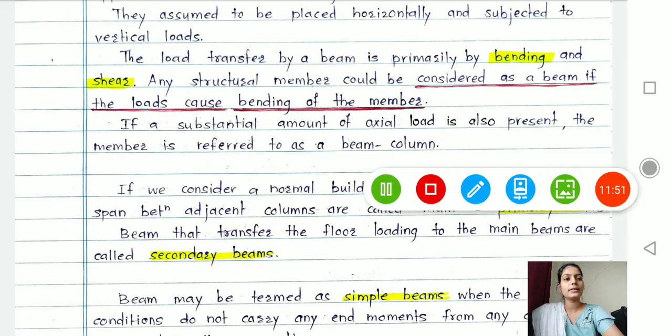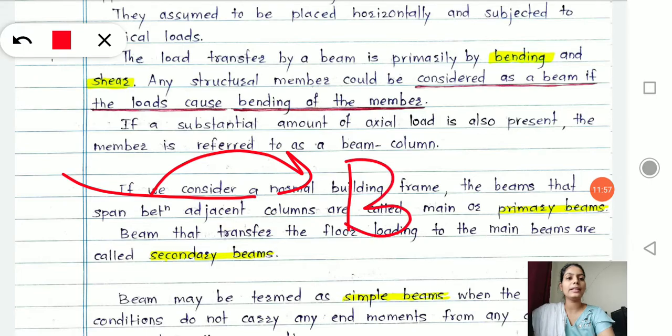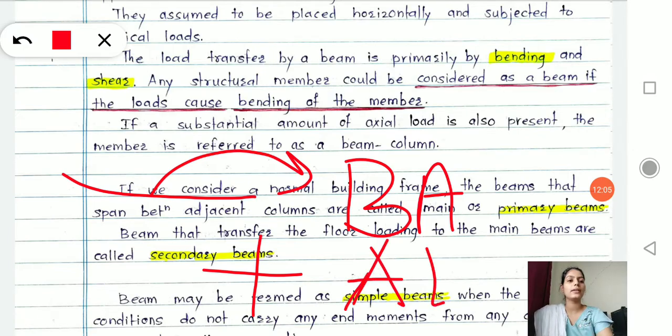What I said, any member which is subjected to bending action plus axial loading, then that kind of member is called a beam column.